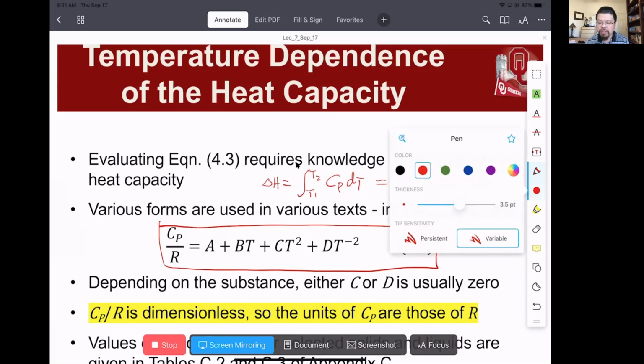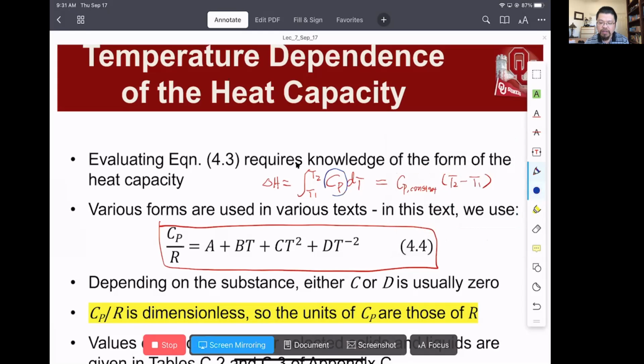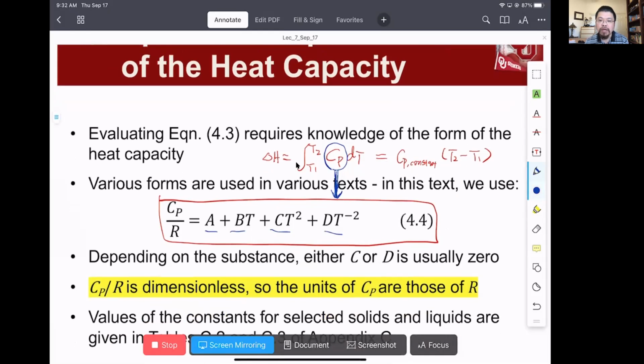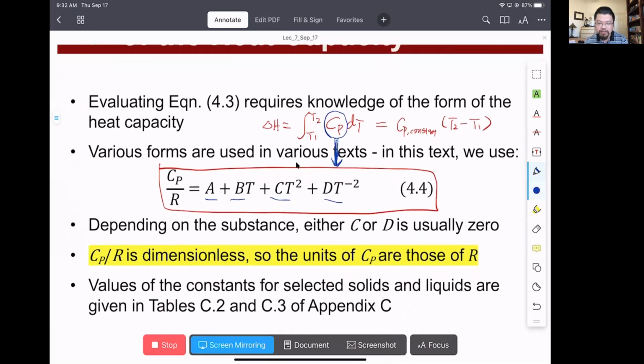For more general discussions, that Cp value should be a function of temperature. And then we cannot just move Cp out of the integration sign; we have to replace Cp by this temperature function and run our integrations for each of those terms. All right, so this is the first.